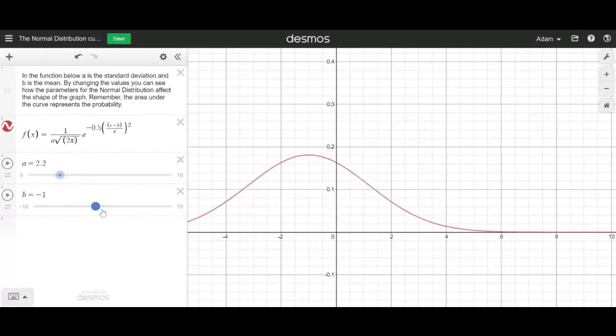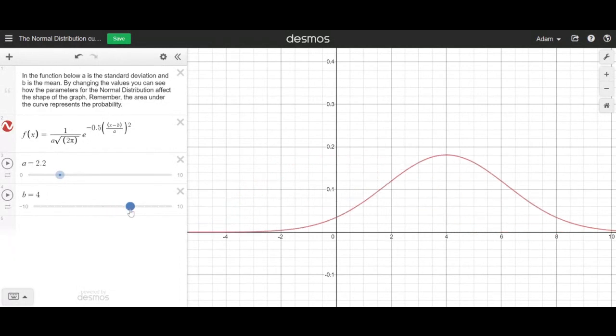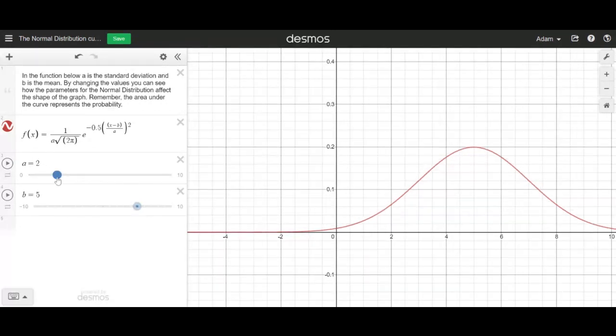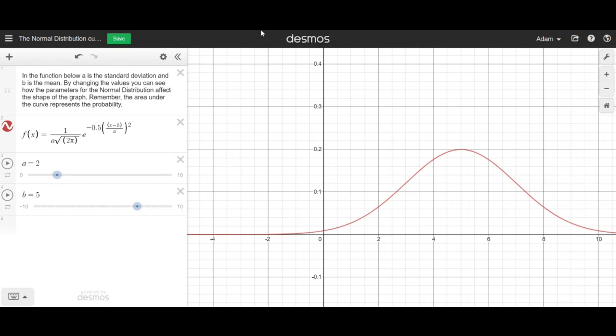So if I want to graph a normal distribution curve with mean 5 and standard deviation 2, I have this B set at 5, A set at 2, and we get this. I even put this graph in the notes because I did email you the notes, so it's in there.